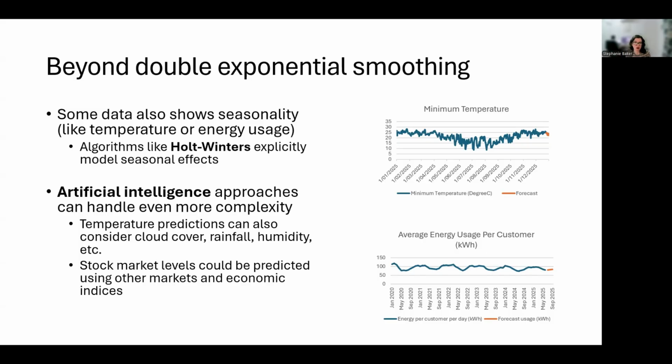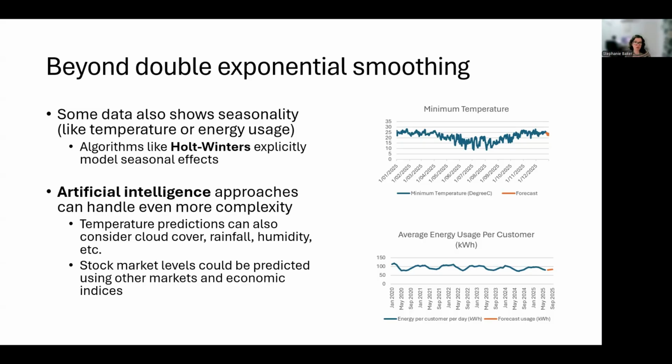For example, we might predict temperature using both temperature information as well as other things like the cloud cover, the rainfall, the humidity, any other parameters that might contribute towards that heat. Similarly, with stock market levels, we could predict what's going to happen in the Australian stock market based on markets in the US, in Asia, in Europe, as well as other economic indices or global events. That's something that can only really be captured with something that can handle those multiple streams of data.